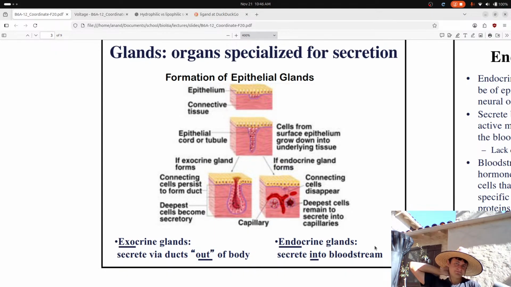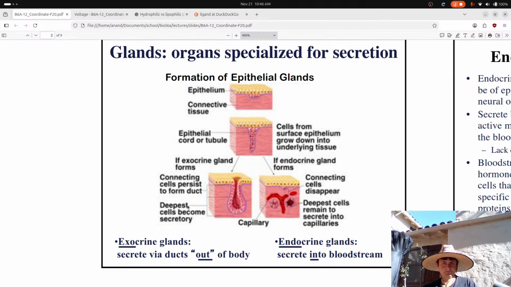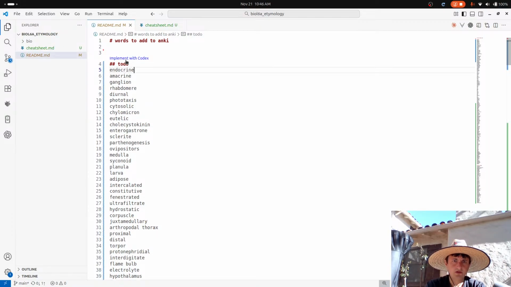Organs specialized for secretion. Does crine mean blood?